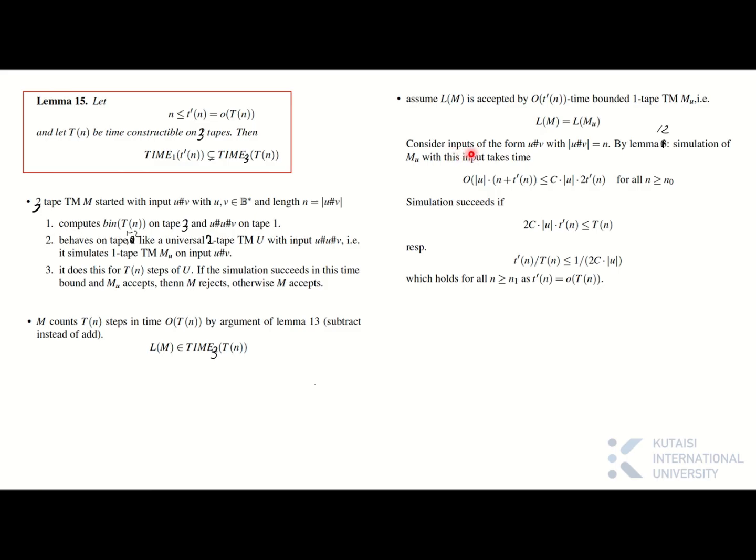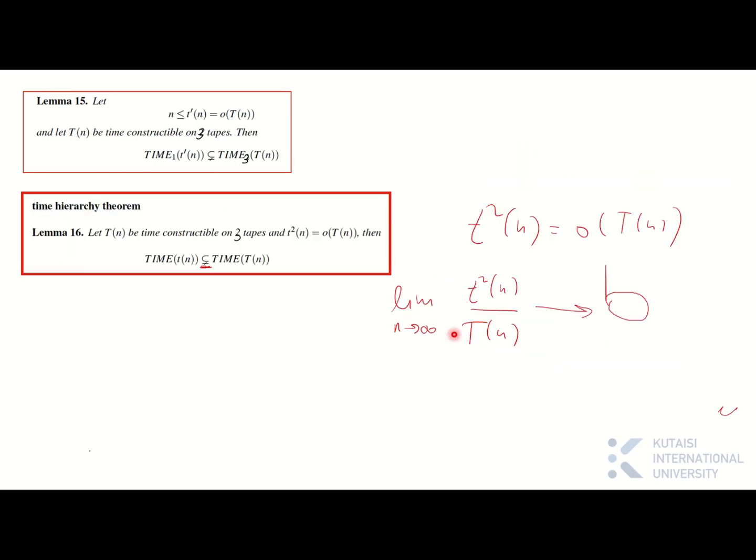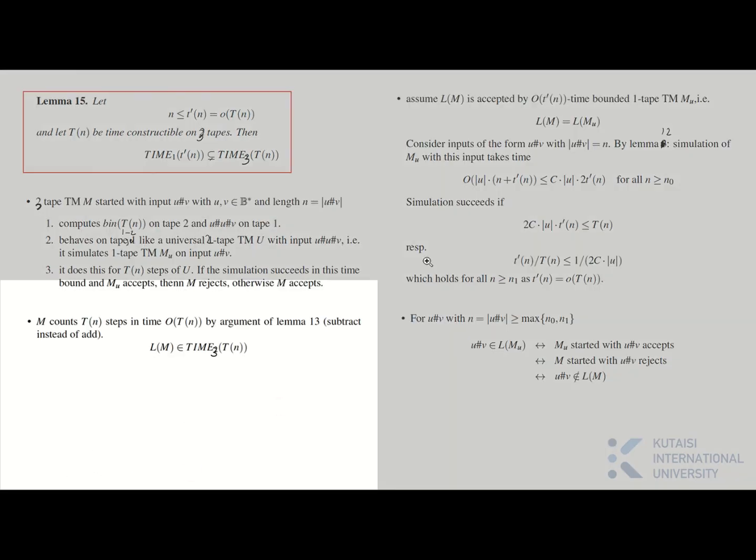I consider inputs of the form U hashtag V again, such that U hashtag V has length n. By lemma 12, the simulation of a 2-tape Turing machine takes linear time. So by lemma 12, the simulation of MU on this input takes what time? Let me open this up and make it larger.